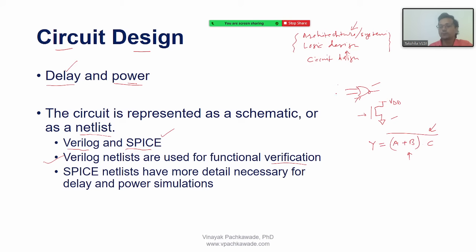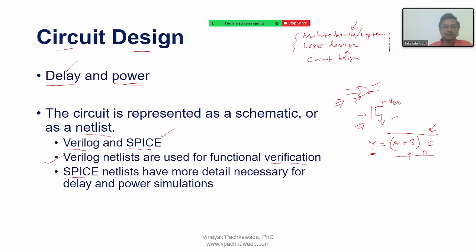I have two approaches: to draw the schematic in terms of gates, or to draw the circuit diagram in terms of transistor connections. That's how I will be able to realize this logic, and then to actually implement this logic in terms of actual hardware, and to verify whether y will be this function, I will write the netlist using structural Verilog. I'll show you in a moment how we'll write that.